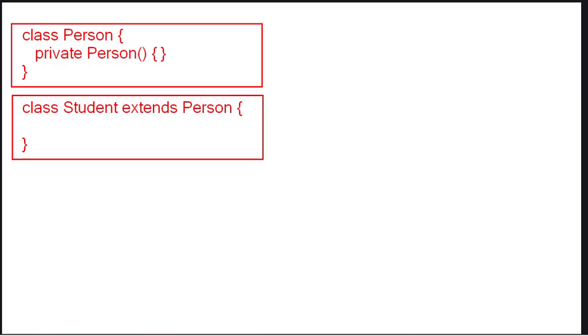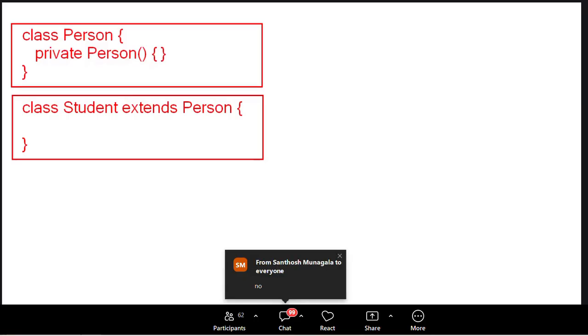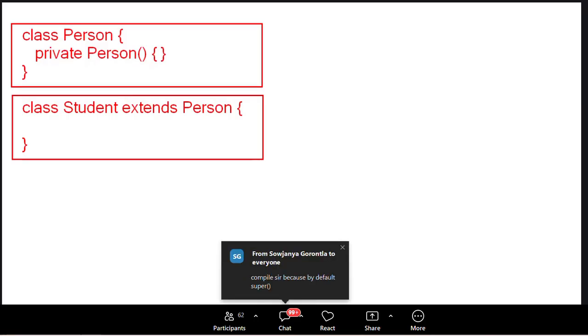Can you call any member available in the superclass in the subclass? No. Only what members can you call? Non-private members. This class is converted as what?